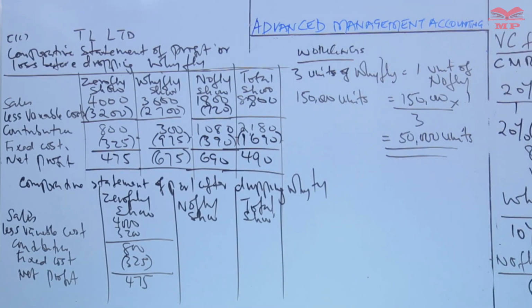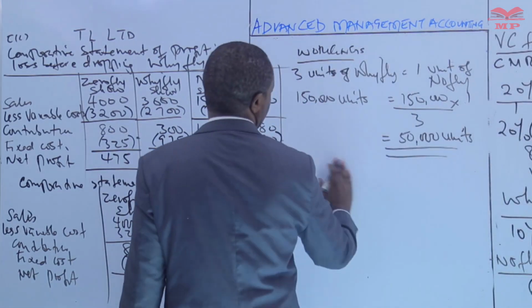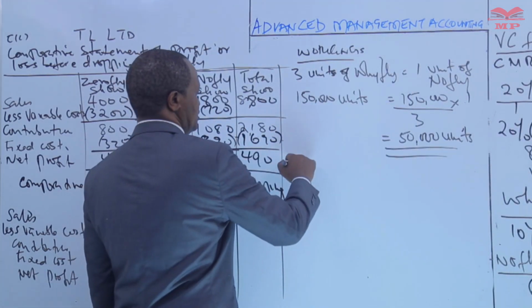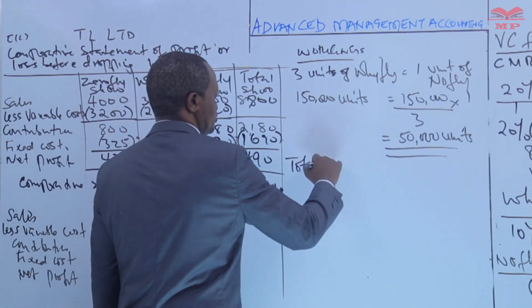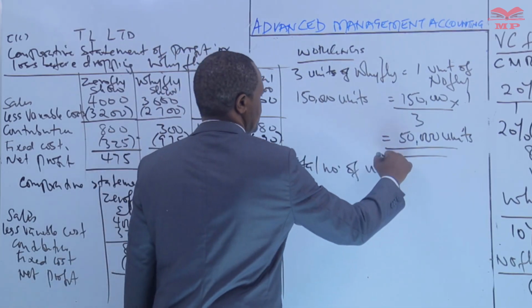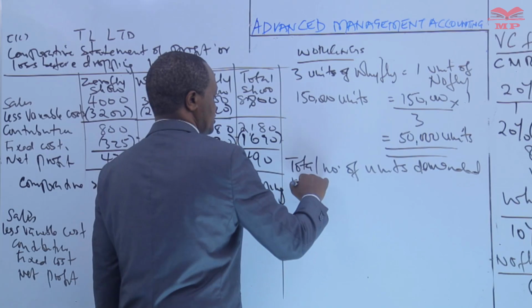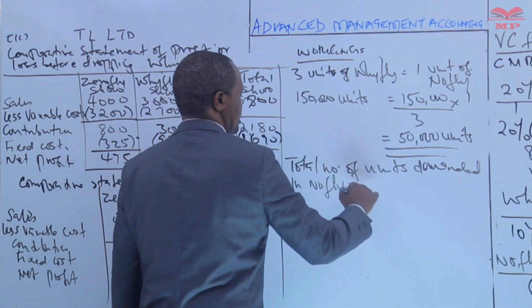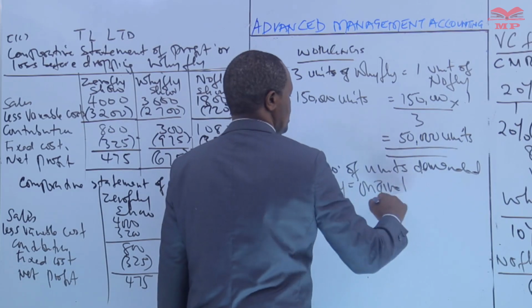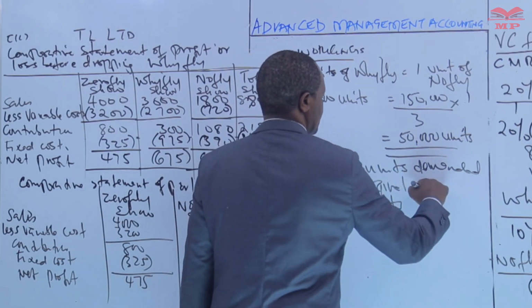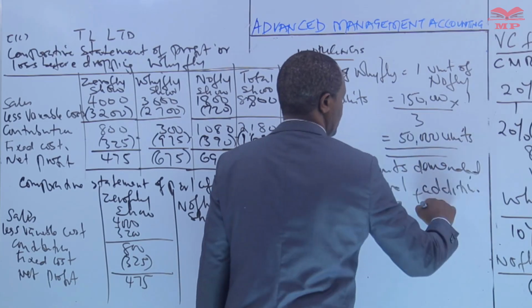Do you understand? Understanding is important. So the total number of units demanded in no-fly will be equal to the original units plus additional units.